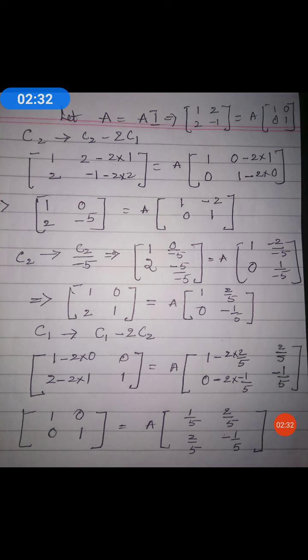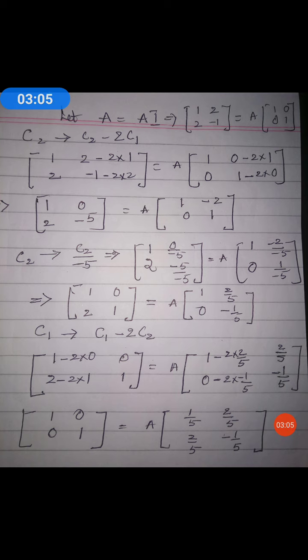So now you have to focus only on the left hand side. First row I got it now, 1 0, second row I have 2 minus 5. Now that minus 5 I have to make it 1. As in the previous problem, any number you want to make 1, once again listen carefully, you just have to divide with the same element, that is minus 5, which is there in column 2.